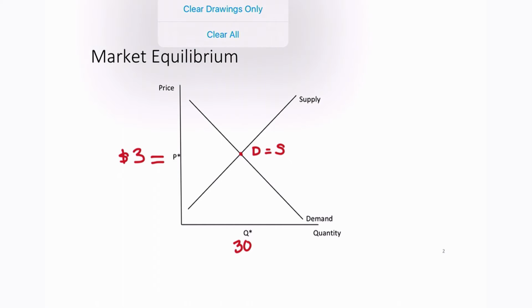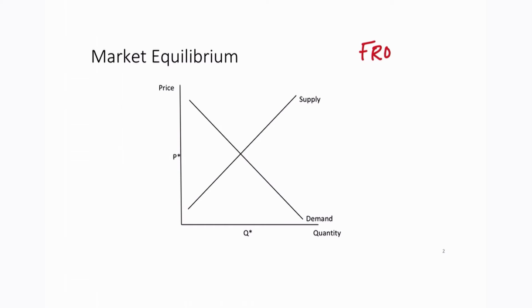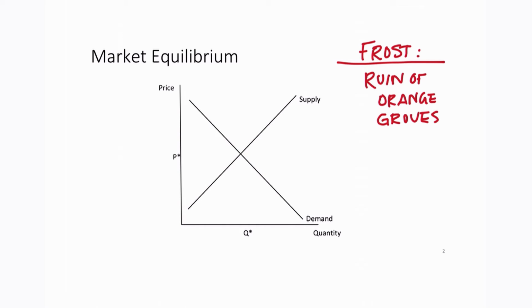Okay. So now we want to think about a situation where what happens if we have a frost in Florida, and this causes a ruin of orange groves. So let's think back to factors that would cause a shift in demand or a shift in supply.